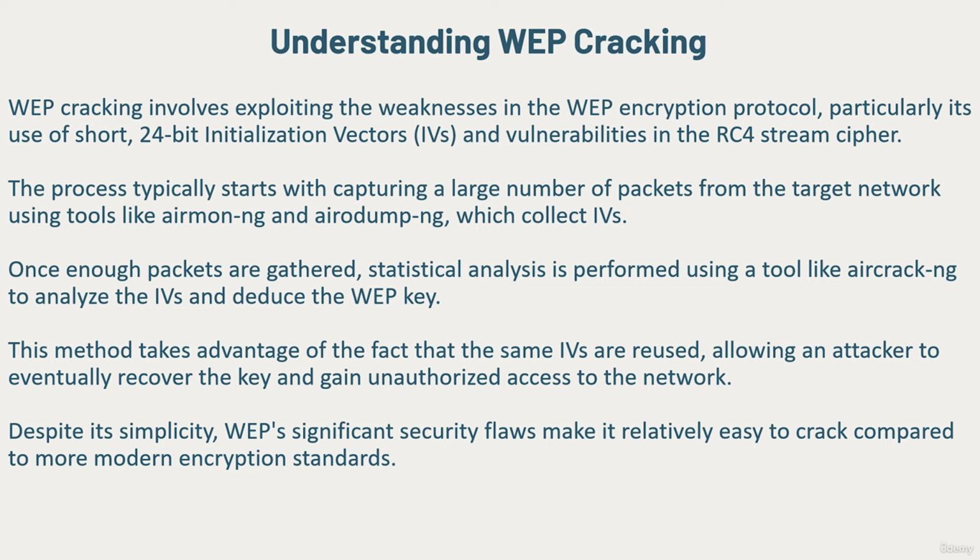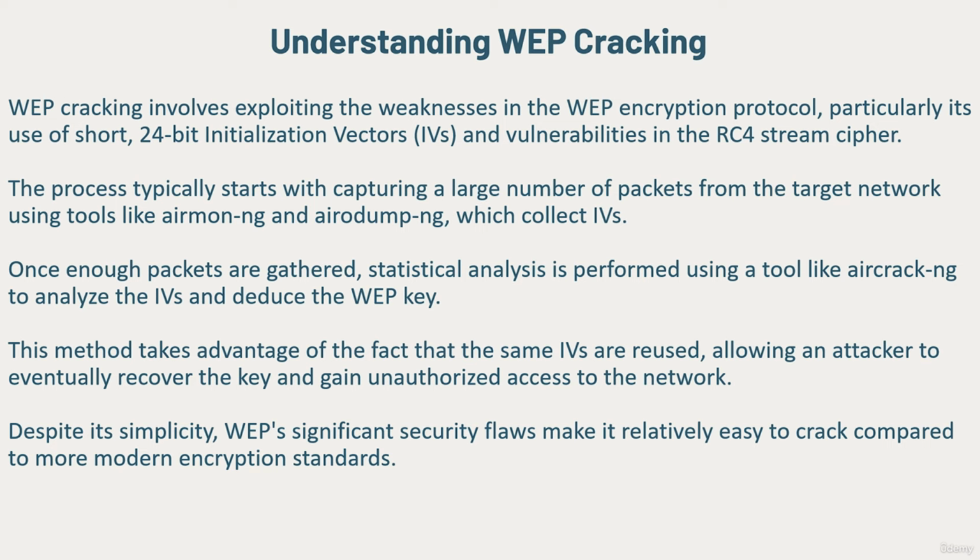And weak key management, like static keys. WEP uses a static key that does not change, making it vulnerable to key recovery attacks. Once a key is compromised, all the encrypted data can be decrypted. For WPA and WPA2, the data cannot be easily decrypted like in WEP cracking.